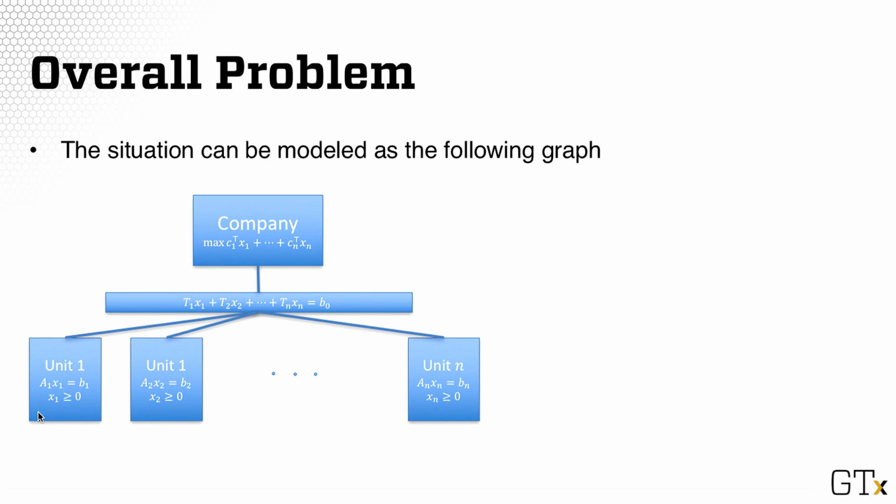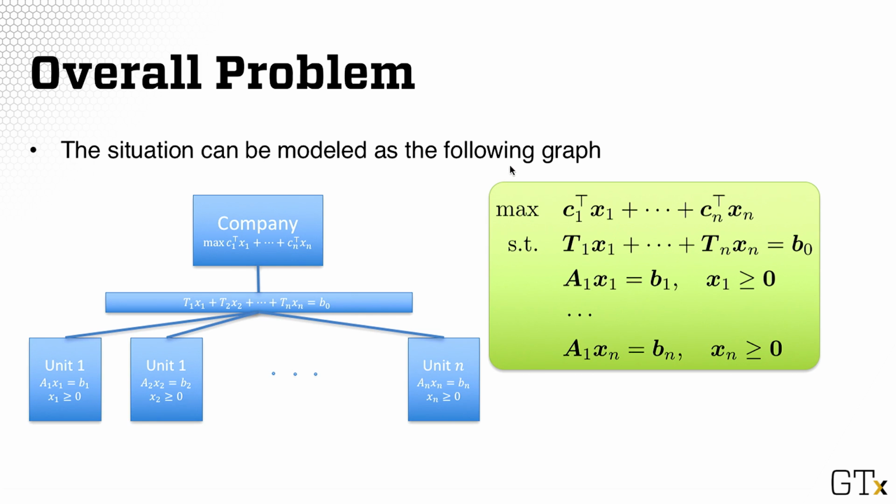Each subunit has its own decisions and constraints, and they're all coupled together by this common coupling constraint that says T_1 x_1 plus T_2 x_2 all the way to T_n x_n equals b_0. This common constraint, again, is a general linear equality or inequality constraint. It doesn't have to be equality, it can be inequality, but it's a linear constraint that has all the variables from all the units, whereas the subunits here only have their own variables.